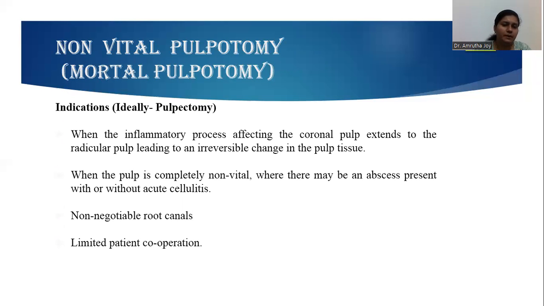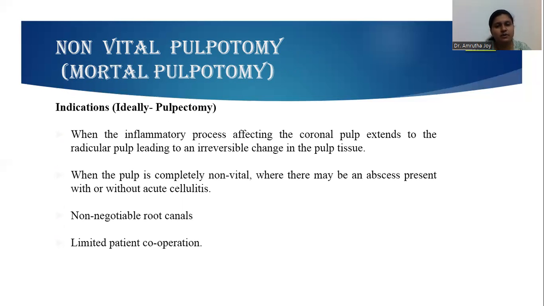Coming to non-vital pulpotomy or mortal pulpotomy. Initially, I said that pulpotomy is done in a vital tooth. But in some cases, we can perform non-vital pulpotomy, also known as mortal pulpotomy.